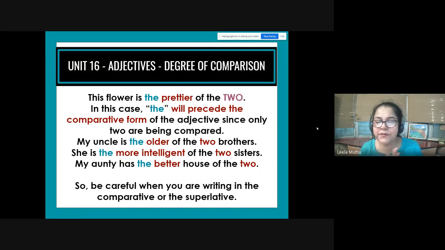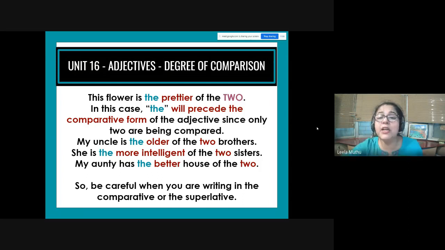Okay, we've done this a lot of times in class, but there's no harm in repeating it because that way you remember it. My uncle is the older of the two brothers. So we don't say oldest, we say the older. Okay? She is the more intelligent of the two sisters. Instead of saying she is the most intelligent of the two sisters, we'll say she is the more intelligent, okay?